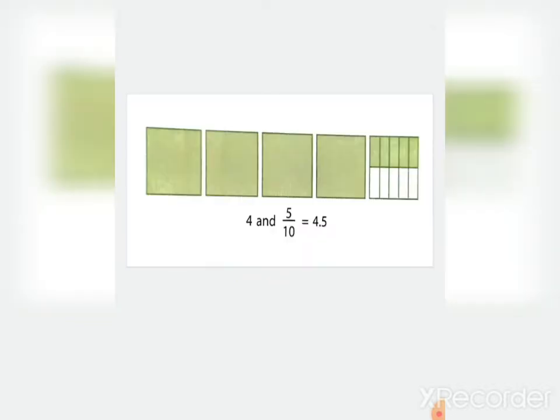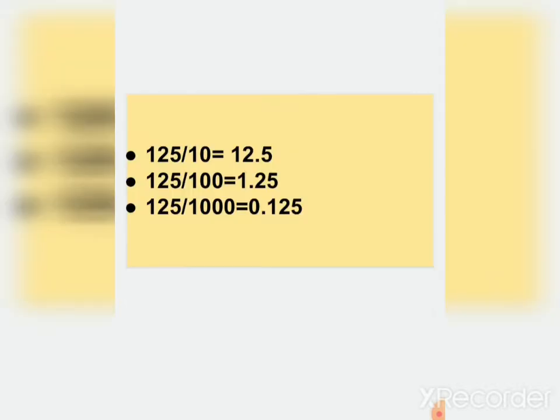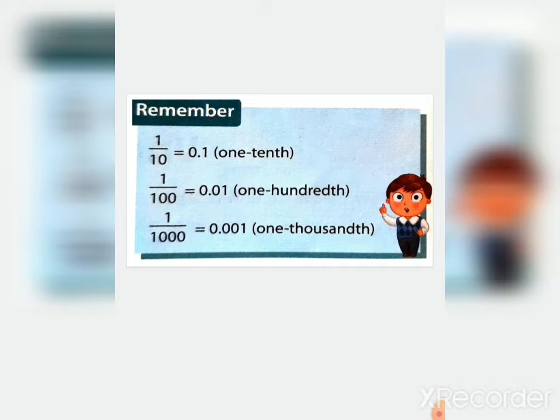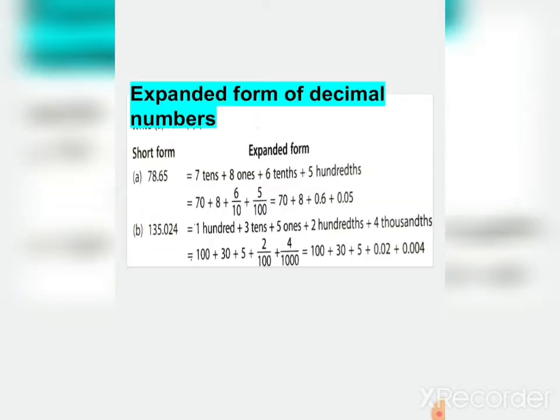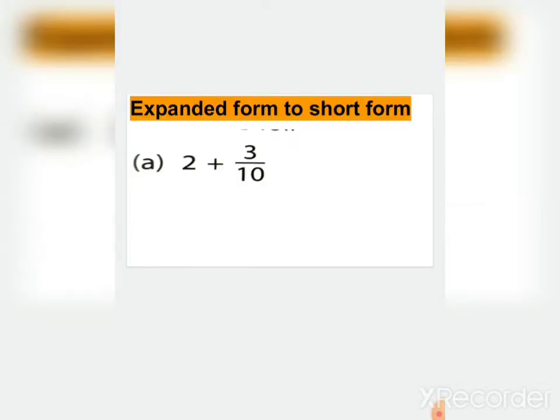We studied how to write numbers in decimals, and 1/10, 1/100, 1/1000 and all. We studied the place value of decimal numbers, and we have also done the expanded form of decimal numbers and expanded form to short form. This also we have done.